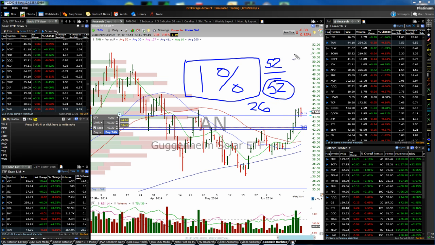If you look at TAN, this trade right now is actually up over 4%. So we've made 4% on the trade. That 4%, which is 3% above the objective, will offset the losses on the bad eggs. So the rotten eggs we get to offset with the excessive gains on the good eggs.